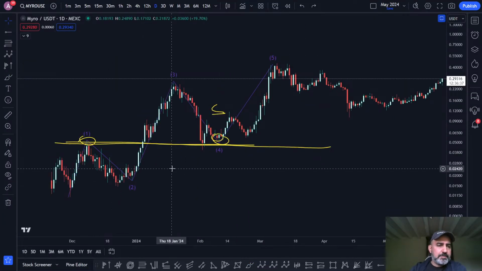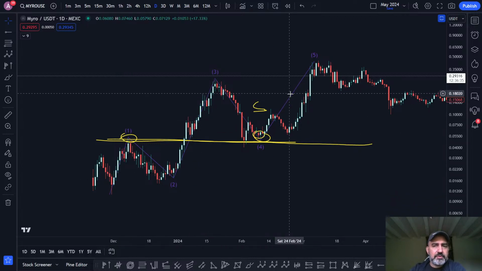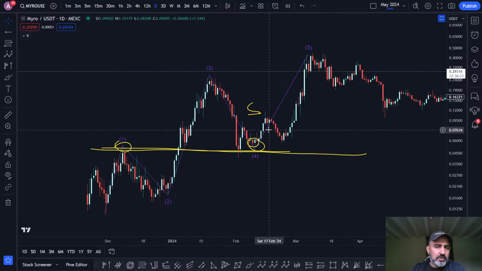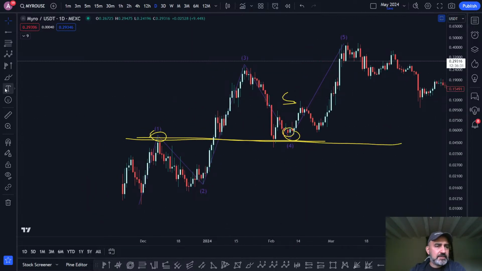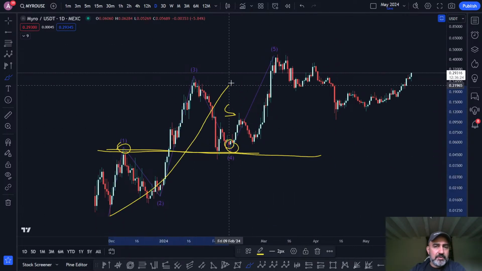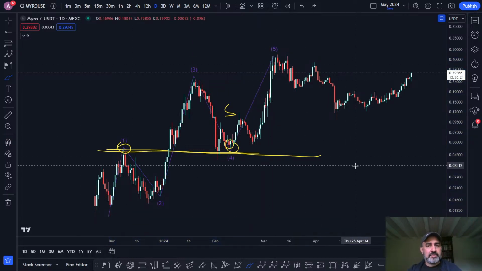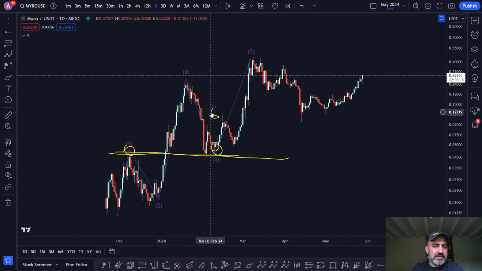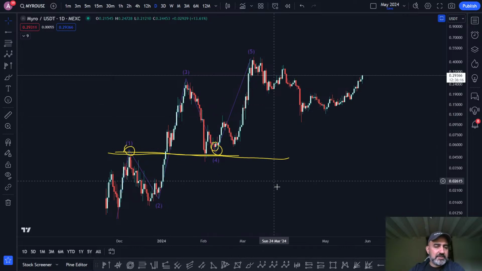Effectively these impulsive waves, the 1, the 3 and the 5, are also constructed of 5 waves. So this whole thing is an impulsive 5 wave. This whole thing from the 0 to this 5 is wave 1. So when you're looking at these Elliott waves, they're all subsets of each other.